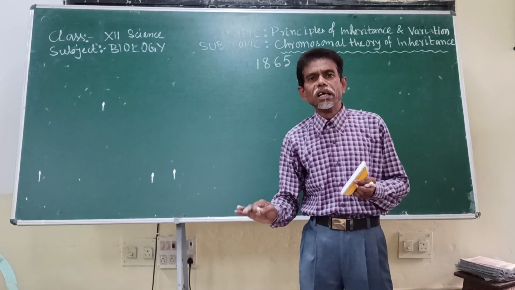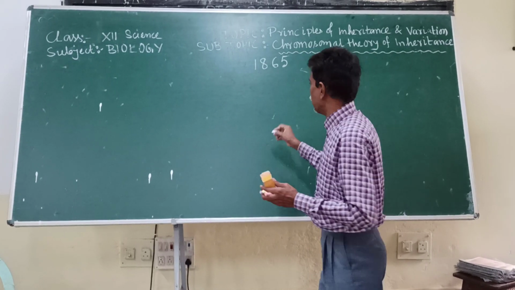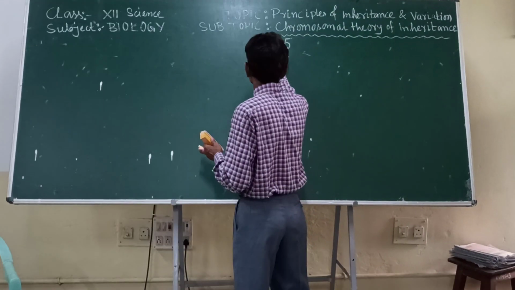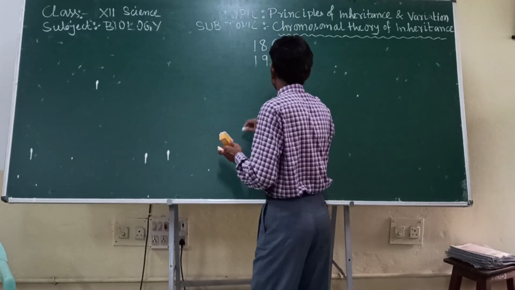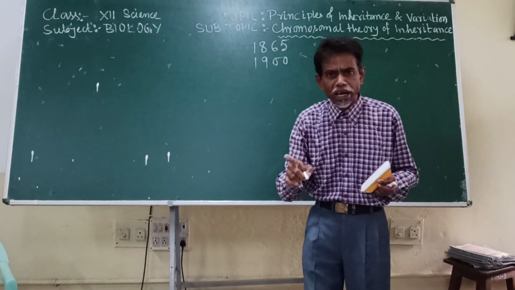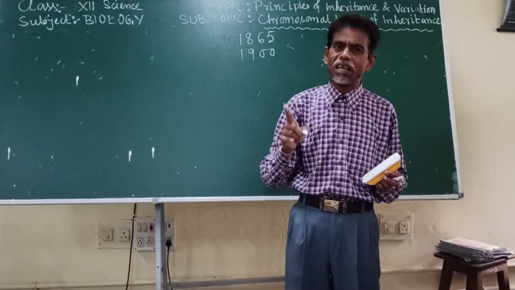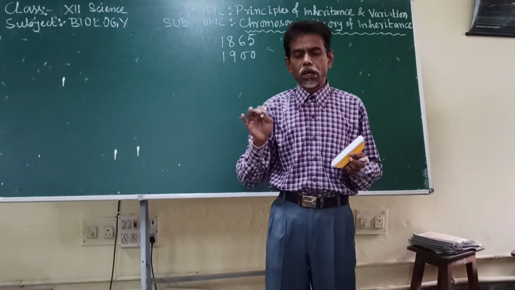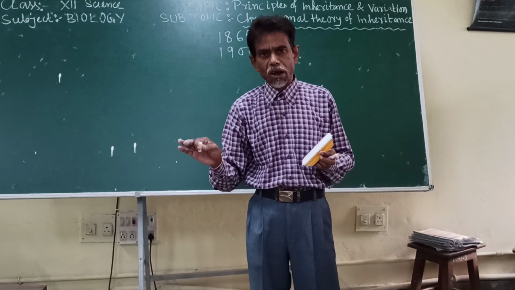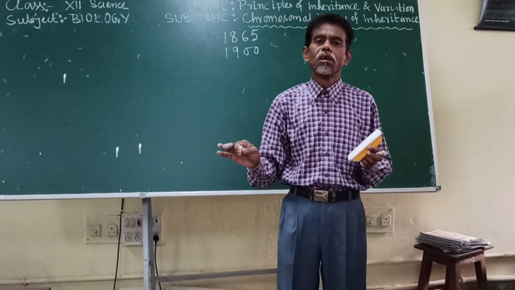It was only in the year 1900 that three scientists, De Vries, Correns and Von Tschermak, jointly rediscovered Mendel's theory of inheritance.